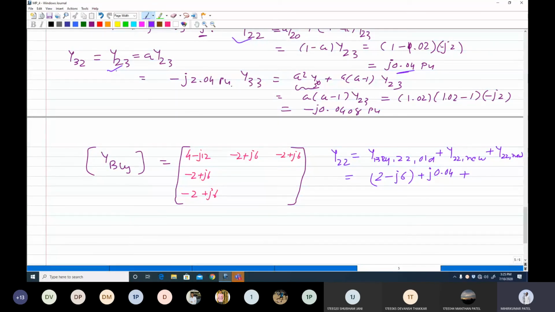Y23 is equal to minus j2.04. Now just calculate the final answer for Y22 and substitute over here.